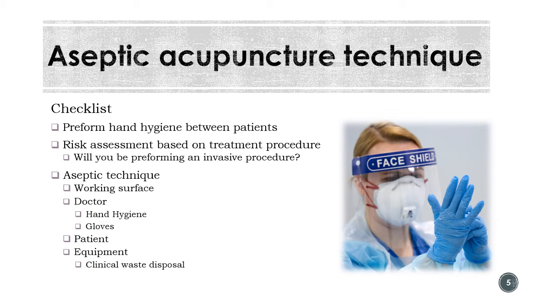And once the consultation is complete, we would do a risk assessment based on what the patient is presenting with and on what treatment procedure we want to do. So will you be performing an invasive procedure or not?